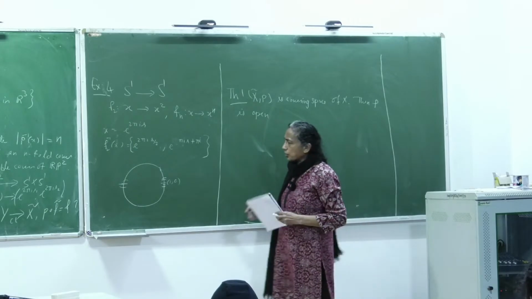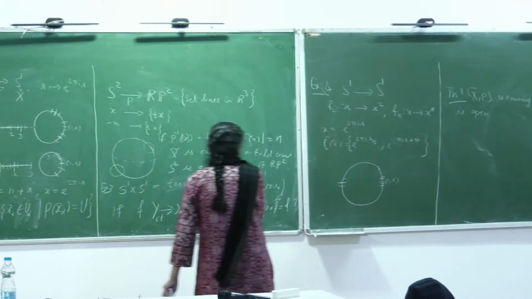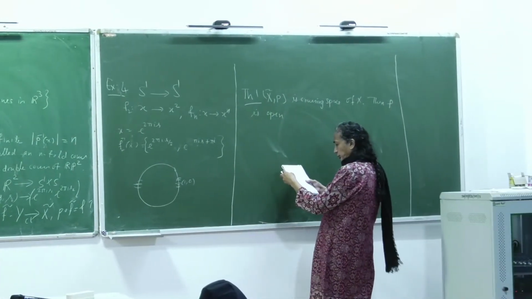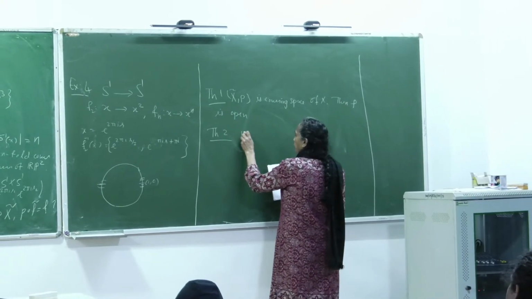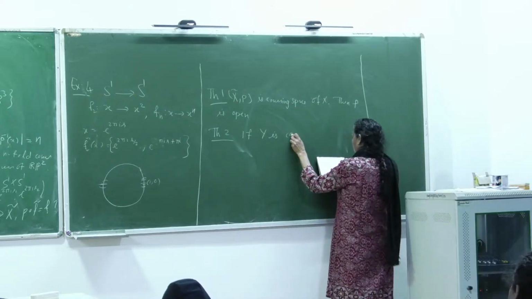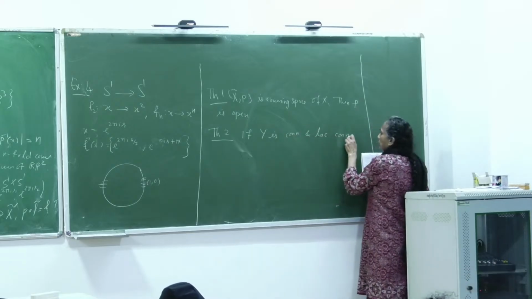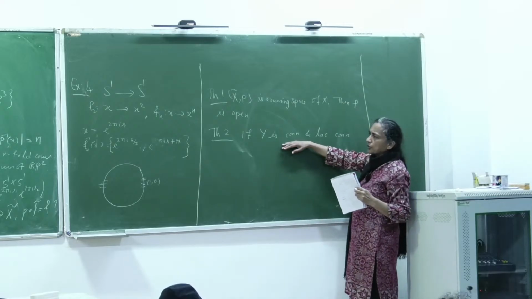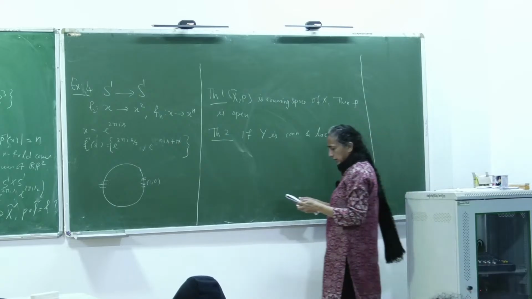So now I want to show whether you can lift. My interest is more about lifting paths. So if y is connected and locally connected, so Y is a space, of course all my spaces are T2, but here I am assuming not necessarily path connected, but connected and locally connected.